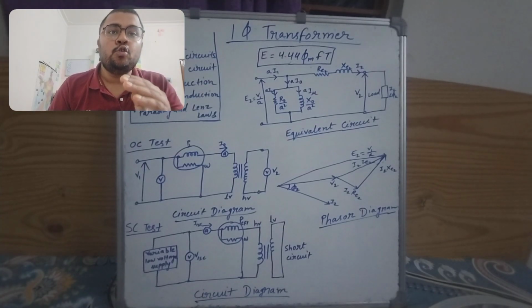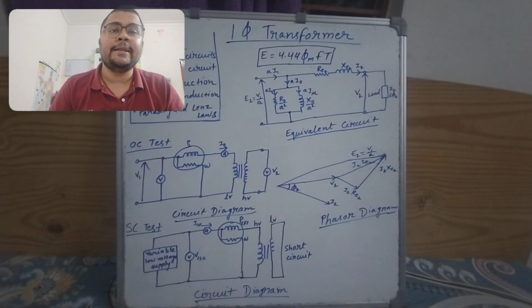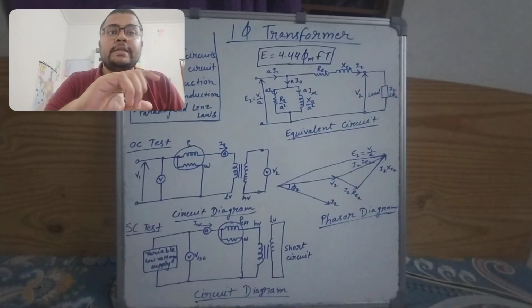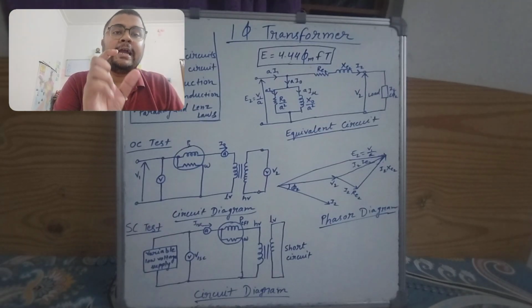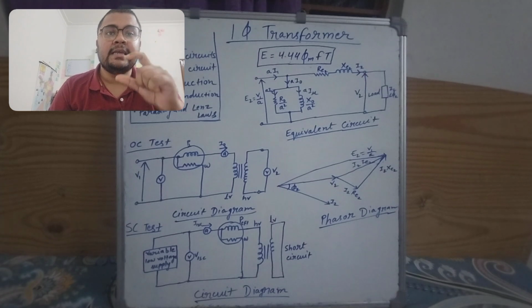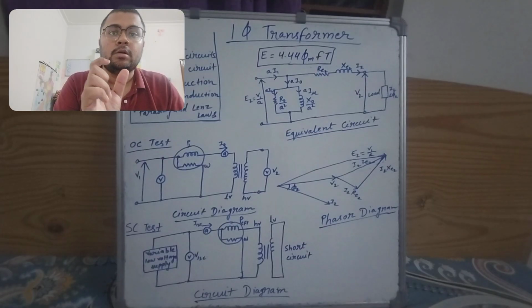The voltage drop I2 RE2 will be in phase with I2, where RE2 is the equivalent resistance and I2 is the secondary current. Then I2 XE2, which is another voltage drop, will be leading I2.